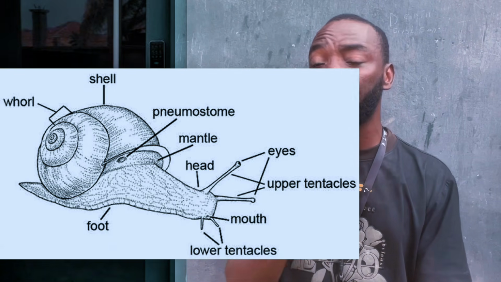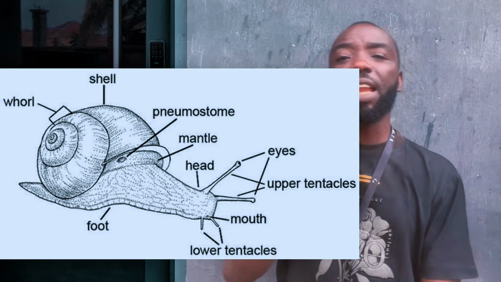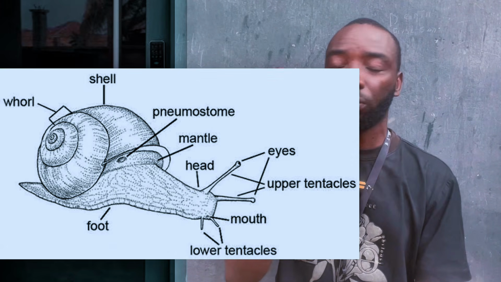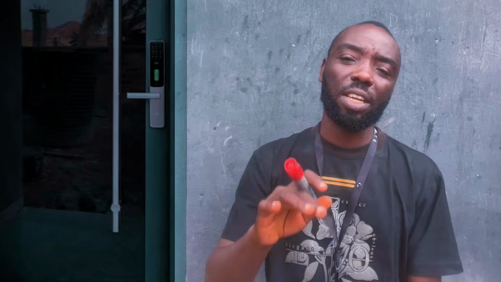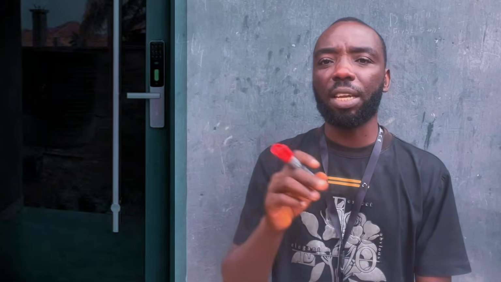We all know that snails possess a muscular foot, and it has 2 pairs of tentacles. Also it has a soft unsegmented body. When we say that an organism has a soft unsegmented body, it means that the organism's body is not divided into parts. So it is soft and unsegmented.